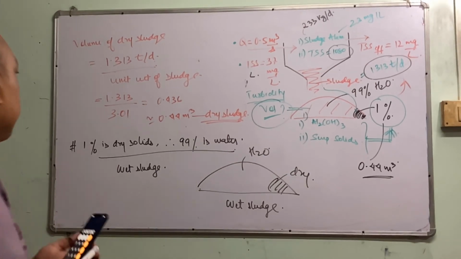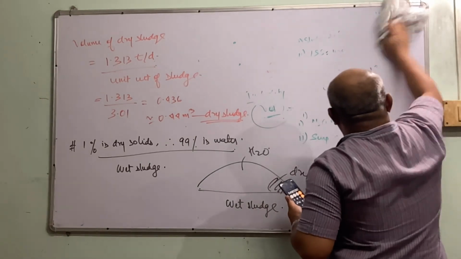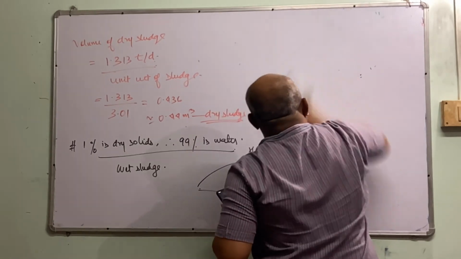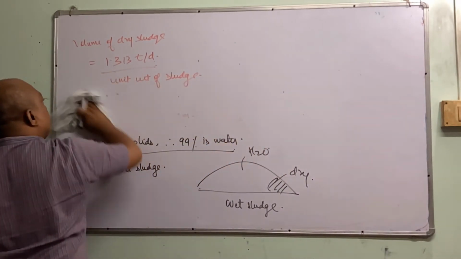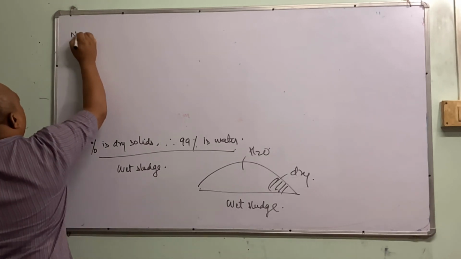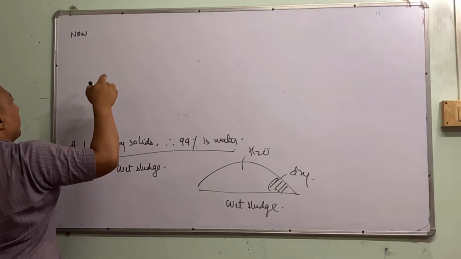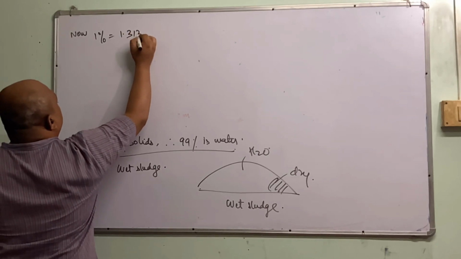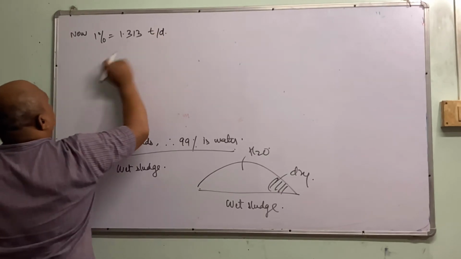Now, 1% is equal to 1.313 tons per day, right?